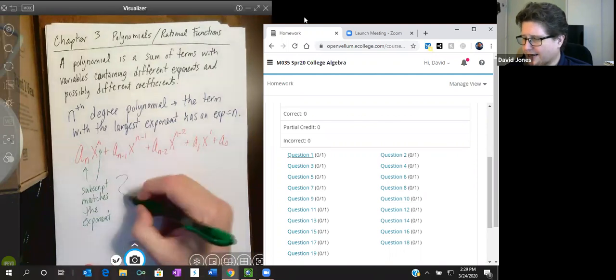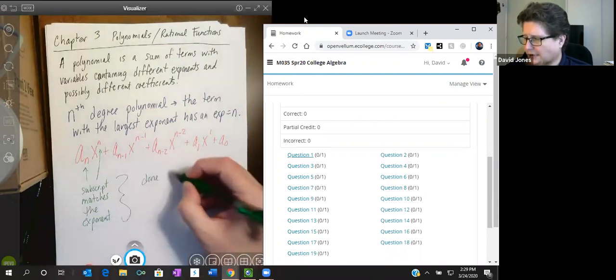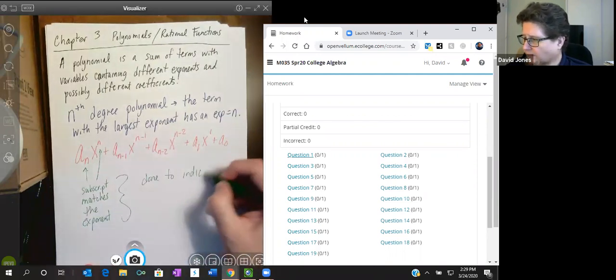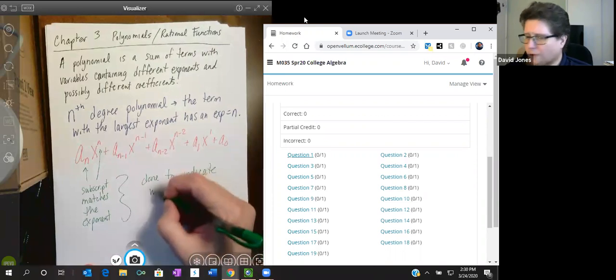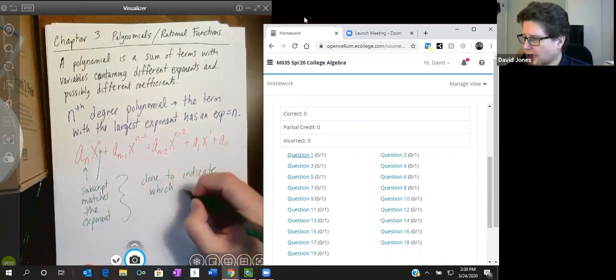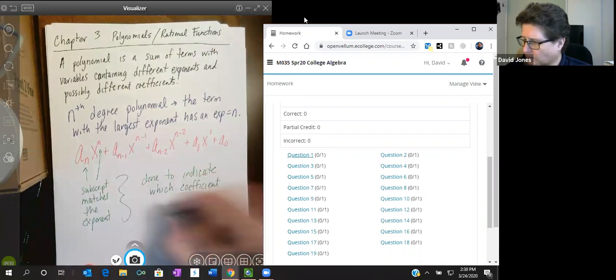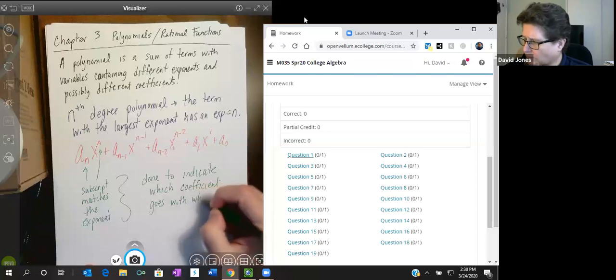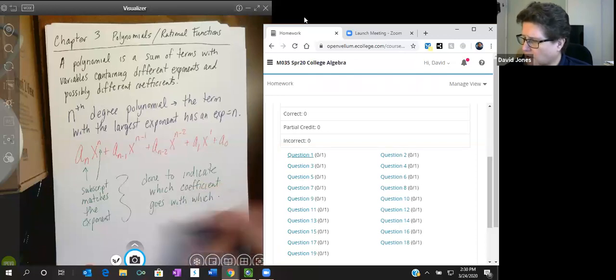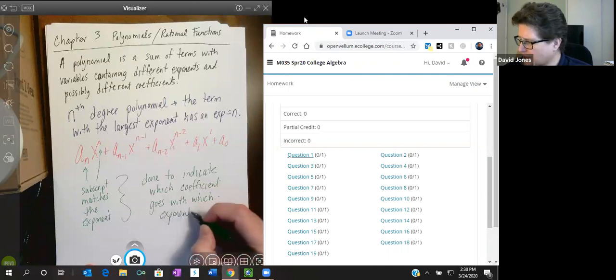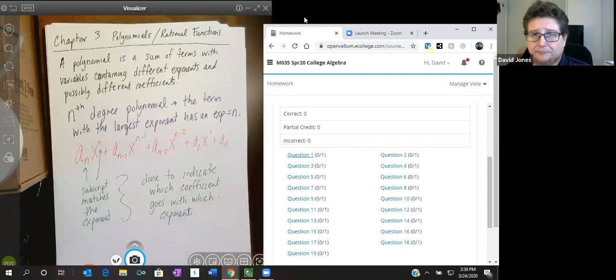And it's done to indicate which coefficient goes with which exponent. We won't do a lot with it now, but later near the end of the semester, this is going to come back. Okay.